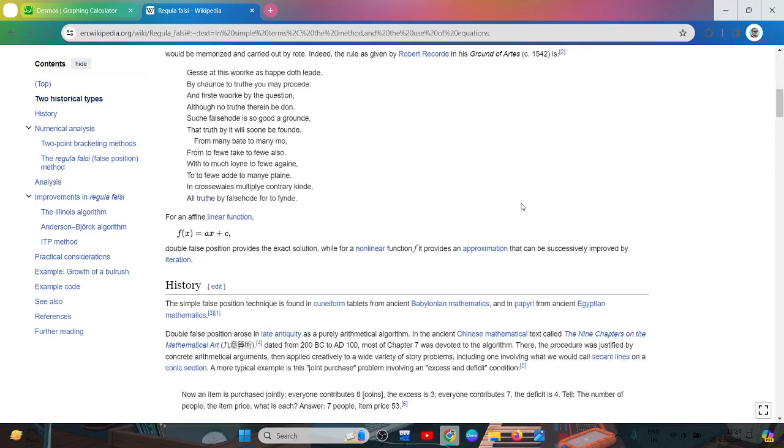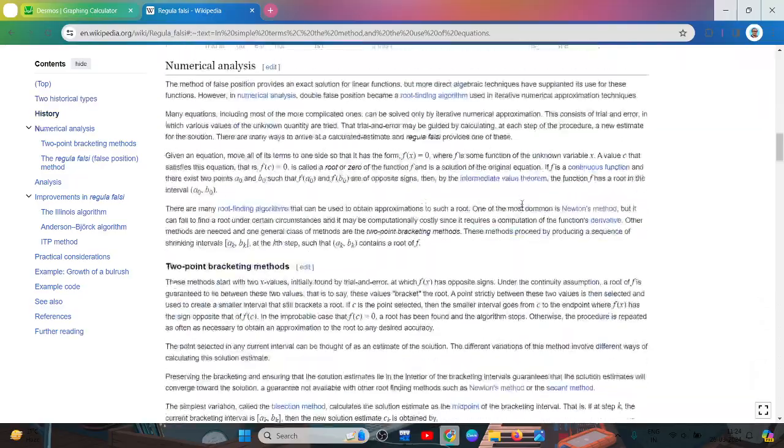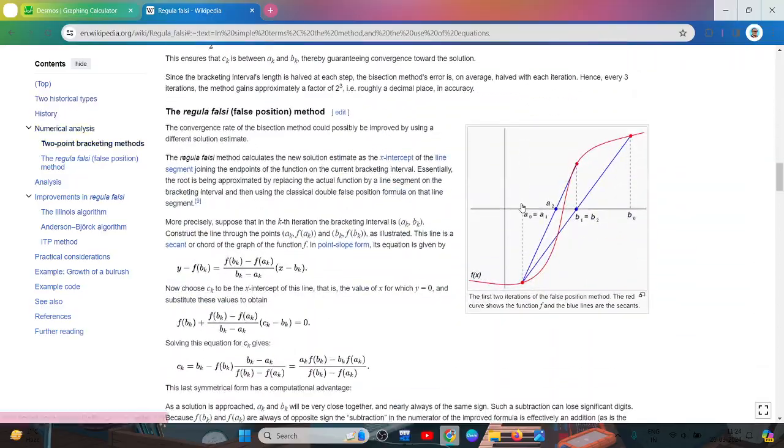In this method we choose 2 points, a0 and b0, such that f a0 into f b0 is less than 0.